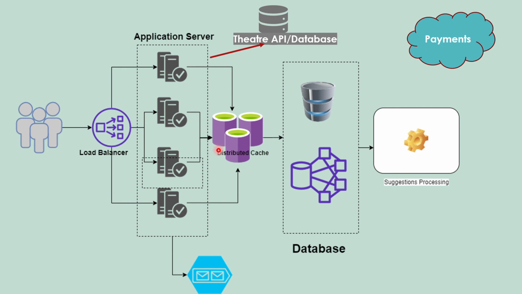Then the data that the user has visited the theater multiple times, or a particular genre of movie this user is booking every now and then, can all be stored in NoSQL, and passed to a suggestion processing engine which can be based on Spark ML or some ML technology, which can then process all this unstructured data and give suggestions to the user.